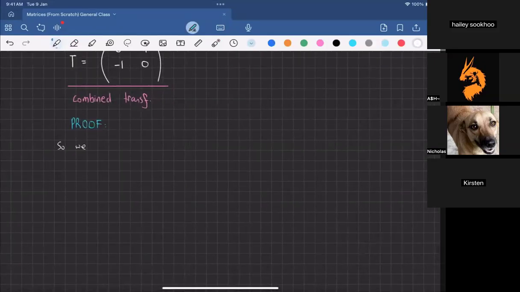So we are seeing that T does the same thing as A followed by B. So, Sasha, first step, you want to find the image after you rotate 90 degrees clockwise.